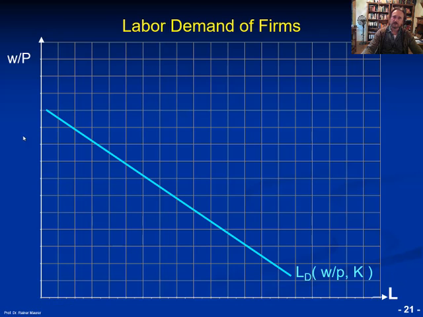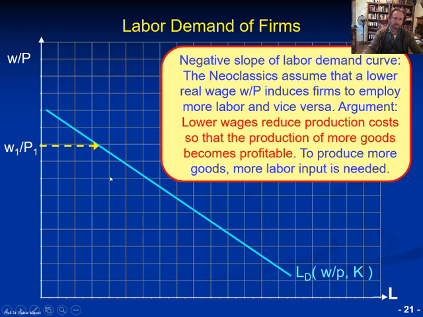As a result, if we measure the real wage rate on the y-axis and labor supply and demand on the x-axis, the labor demand curve has a negative slope. The consequence of this negative slope is, if the wage rate is relatively high, the demand for labor is relatively low.